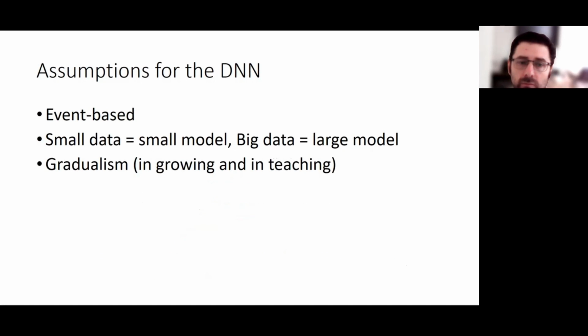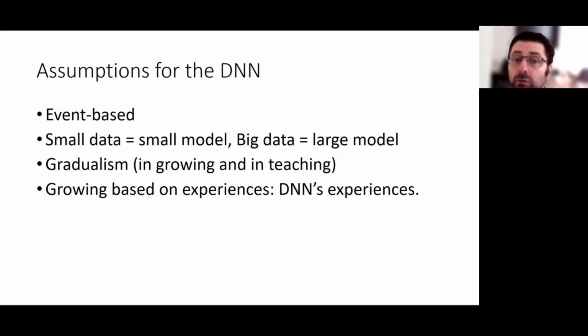Also, by gradualism, we mean that we assume that the AGI generally, or in this case, our DNN specifically, should be growing along with its experience with the world. It should grow internally. And following that, the complexity it encounters should also grow accordingly. The growing itself should be based on experiences, meaning it is embedded in the perceiving experiences of the DNN. In other words, in the visitations over neurons and weights. For example, by counting these visitations or occurrences.